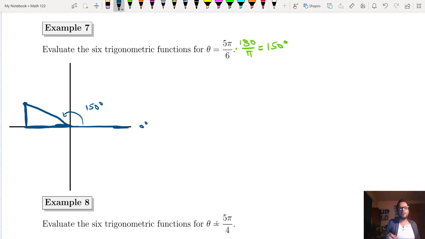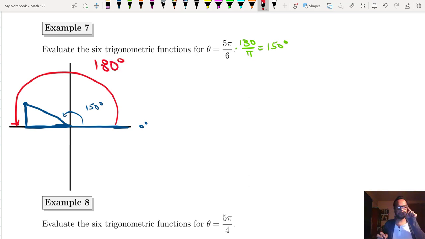All right, notice that half a turn, right, from here to here, what I'm doing is 180 degrees, right? The reason why I was finding all the angles in degrees is that it will be easier to see the difference between 180 and 150.